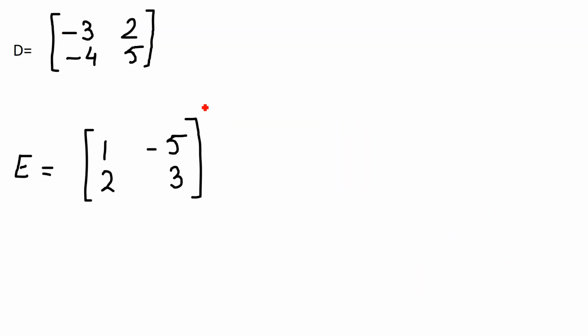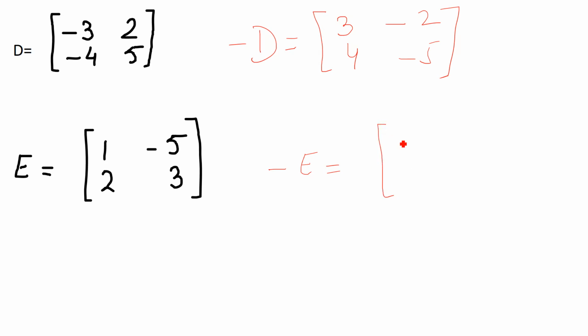So easy. Now D: negative D equals, just change the sign: 3, 4, -2 and -5. Negative E means negative of E. So just change the sign. It will be -1, -2, +5 and -3. So see, it's finished.